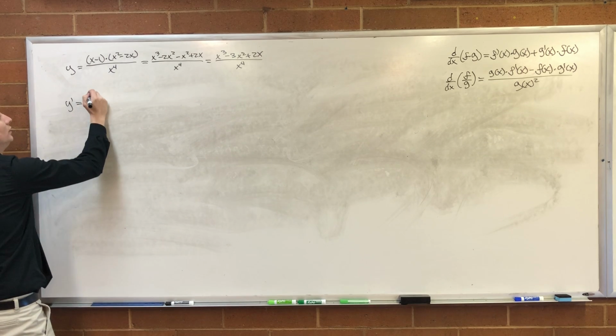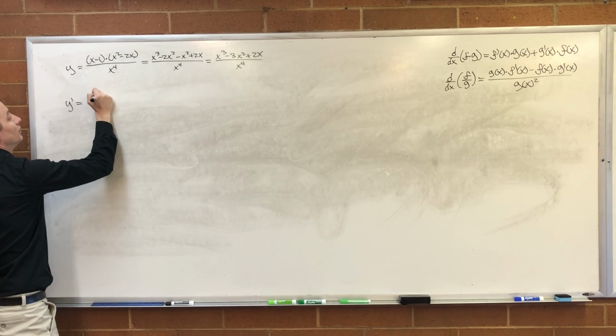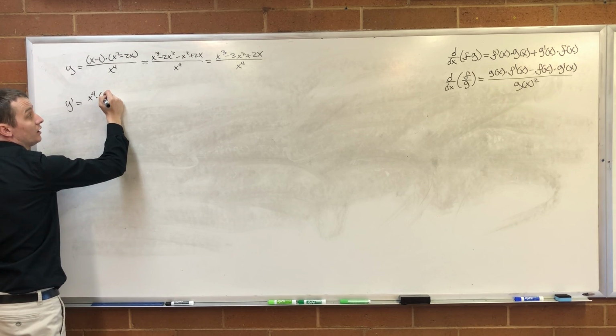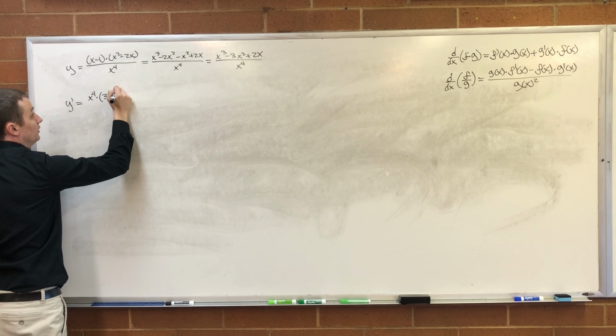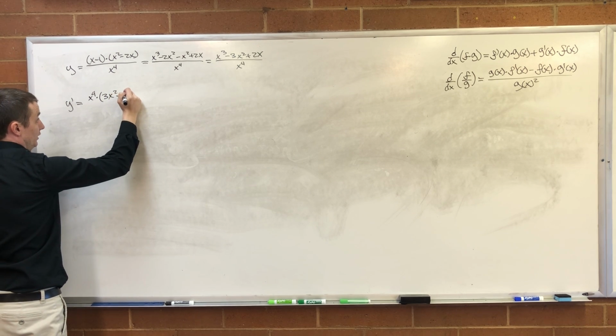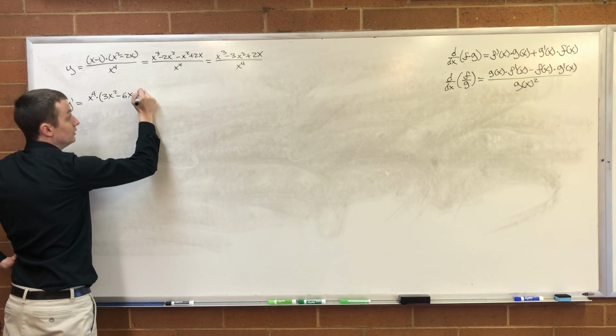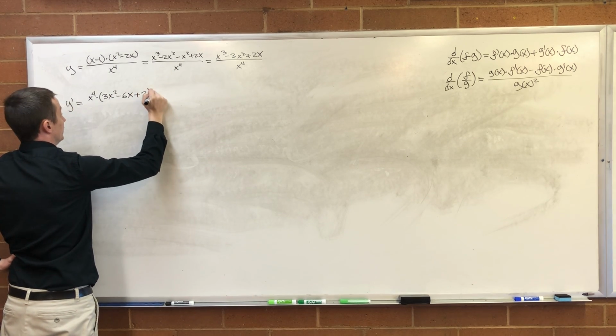x to the power 4 times 3x squared minus 6x plus 2. Perfect.